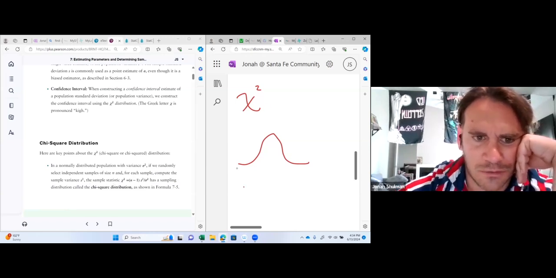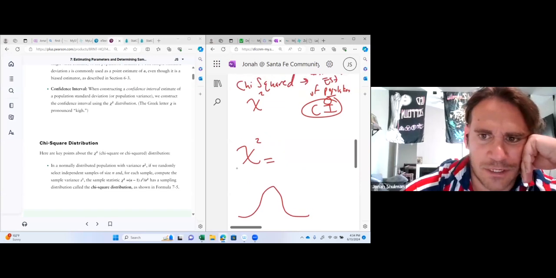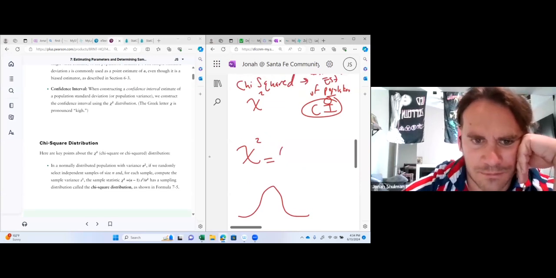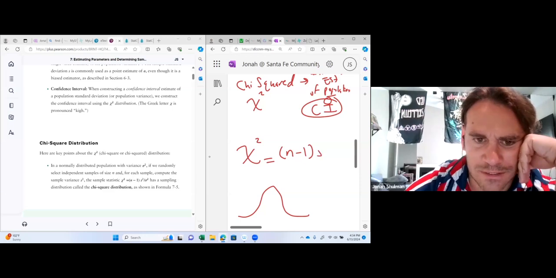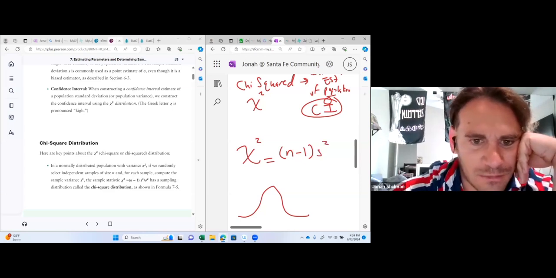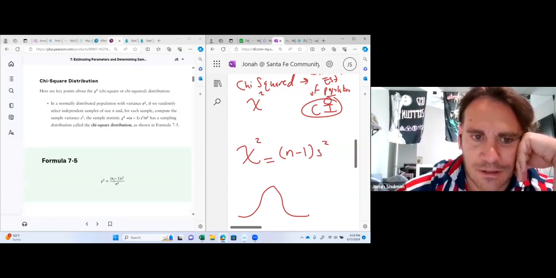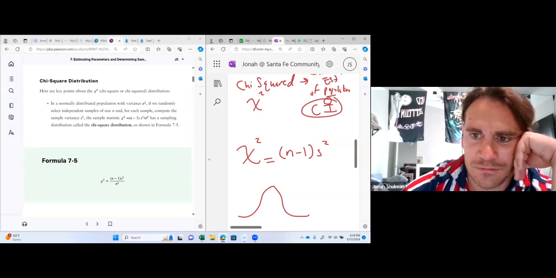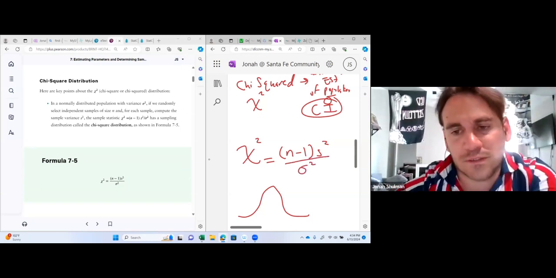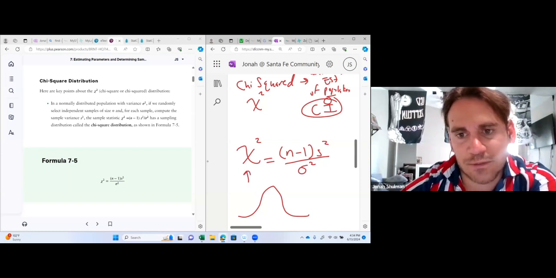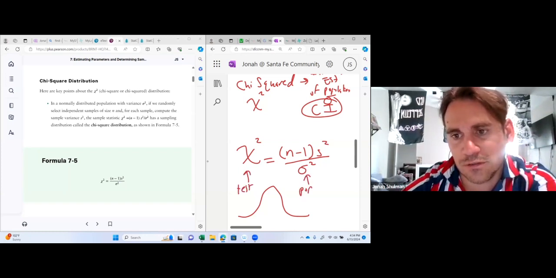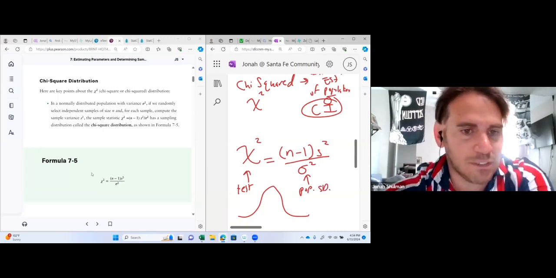So chi-squared equals n minus 1, which we know is like the degrees of freedom. And then we have our sample standard deviation divided by what? The population one. So this is our test statistic now. The chi-square we can think about as our test, and our goal is to get this guy, the population standard deviation. Okay, that's pretty much what's happening here.